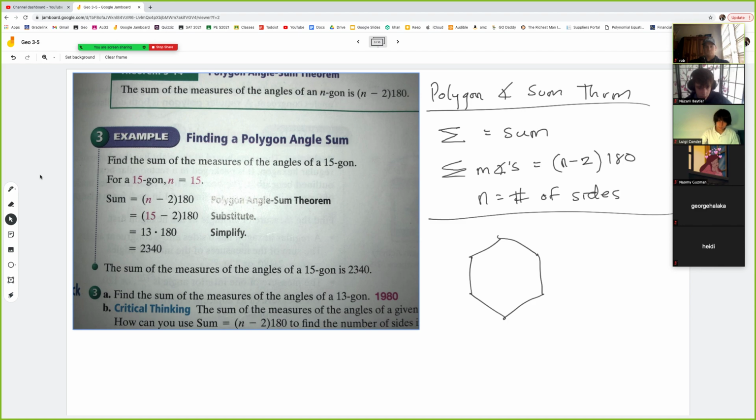So if we go 6, n minus 2 times 180, 6 minus 2 times 180, 4 times 180 is 720. So a hexagon has 720 degrees inside of it, meaning all of these angles together equal 720 degrees.